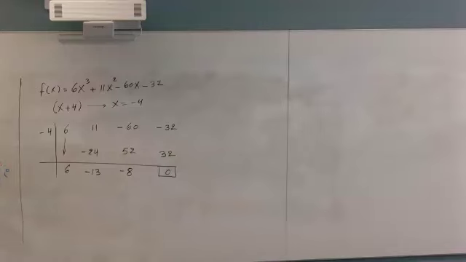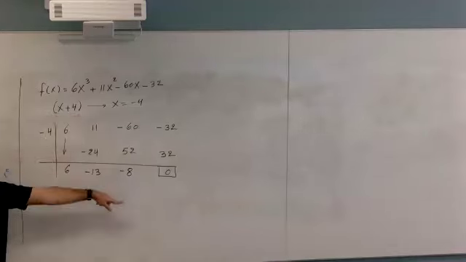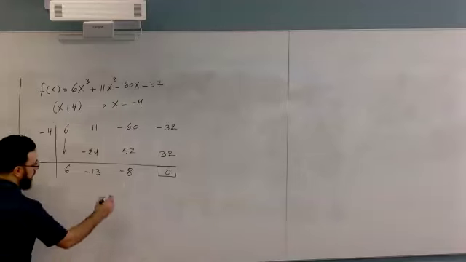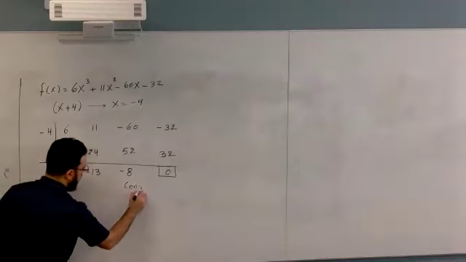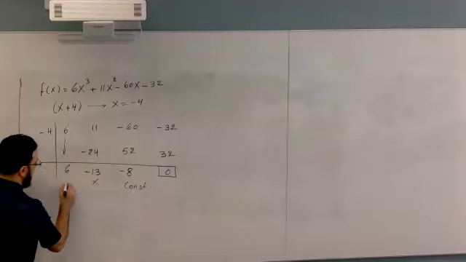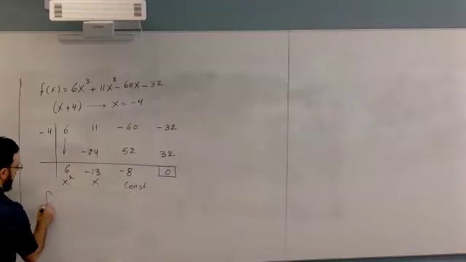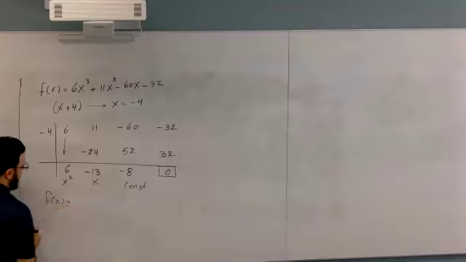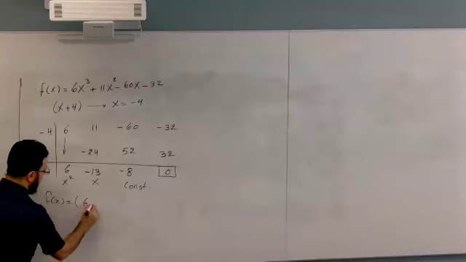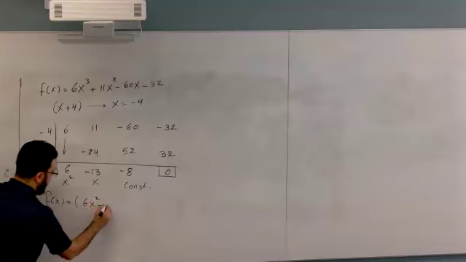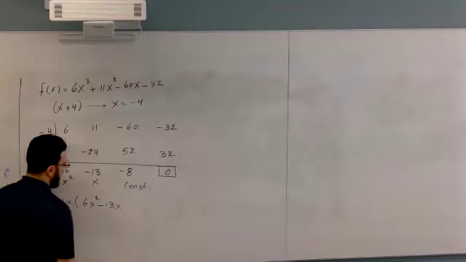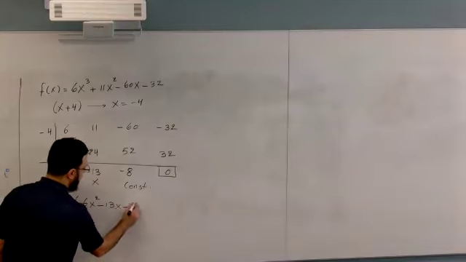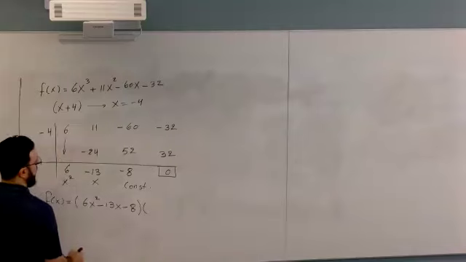So how much is the remainder? So this one is a factor of the polynomial because the remainder is 0. This one is the constant, x for x squared. That means alpha for x is going to be 6x squared minus 13x minus 8 times x plus 4.